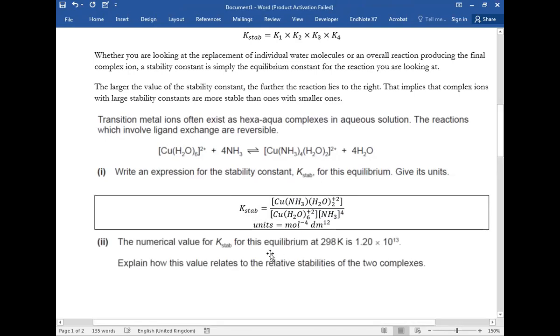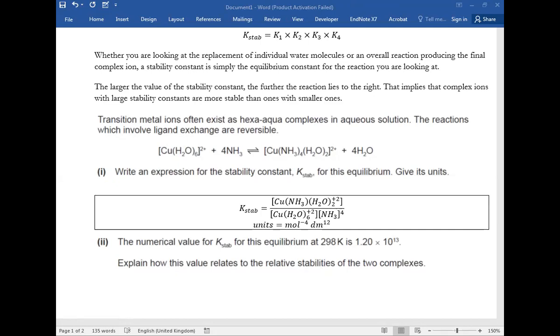The numerical value of K stab for this equilibrium at 298 Kelvin is 1.20 times 10 to the 13. Explain how this value relates to the relative stabilities of the two complexes. First of all, tell me, is this a very high value or a very low value? High value, very high value. So what does that mean?